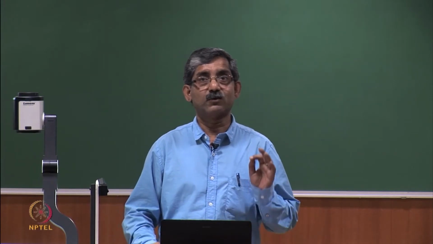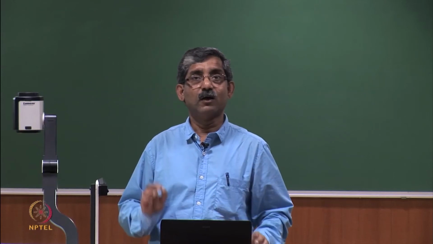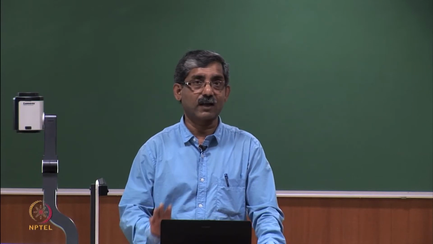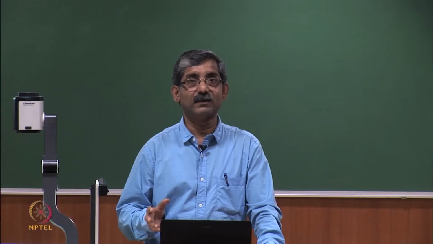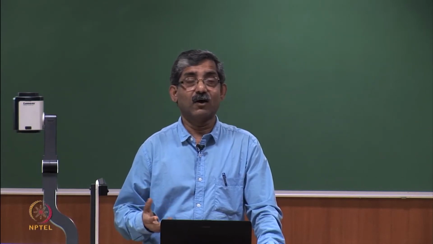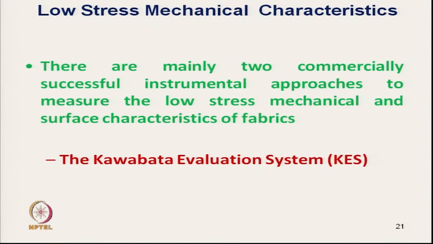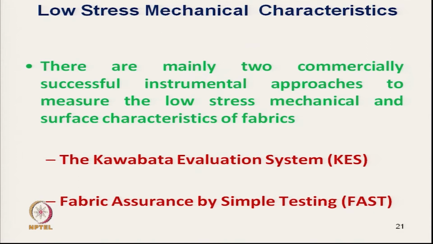These two commercially successful instrumental approaches measure the low stress mechanical and surface characteristics of fabrics, which are used to assess the handle characteristics of functional textiles. These methods are the Kawabata evaluation system, KES, and the fabric assurance by simple testing, in short called FAST.